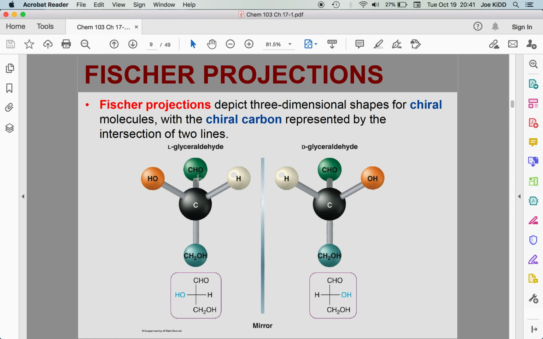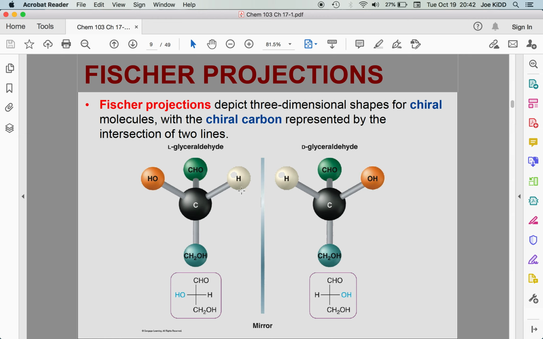And what we show here is the vertical line will always be things that are going away from you. So in this case, the CHO of the aldehyde is behind, and the carbon here is what's popping out, and then again this CH2OH down here would be going back again.